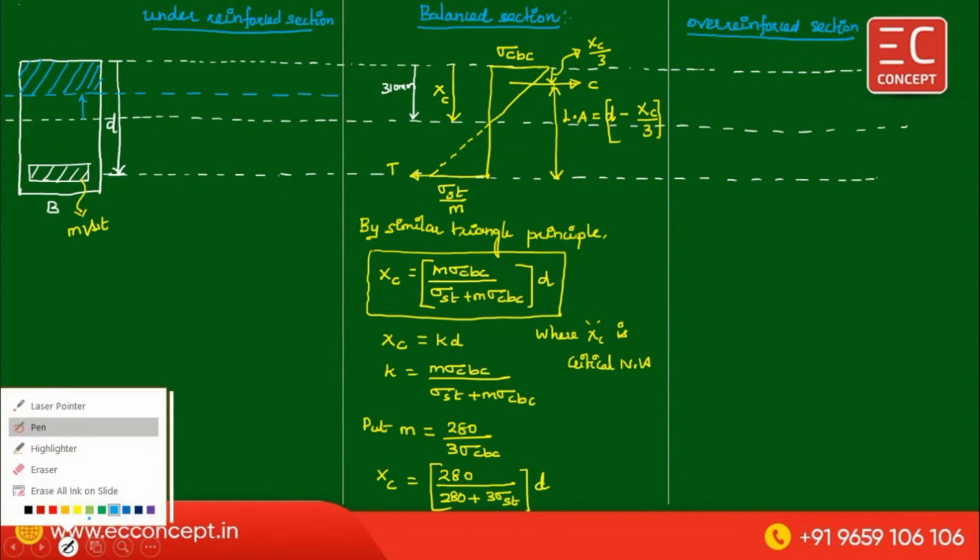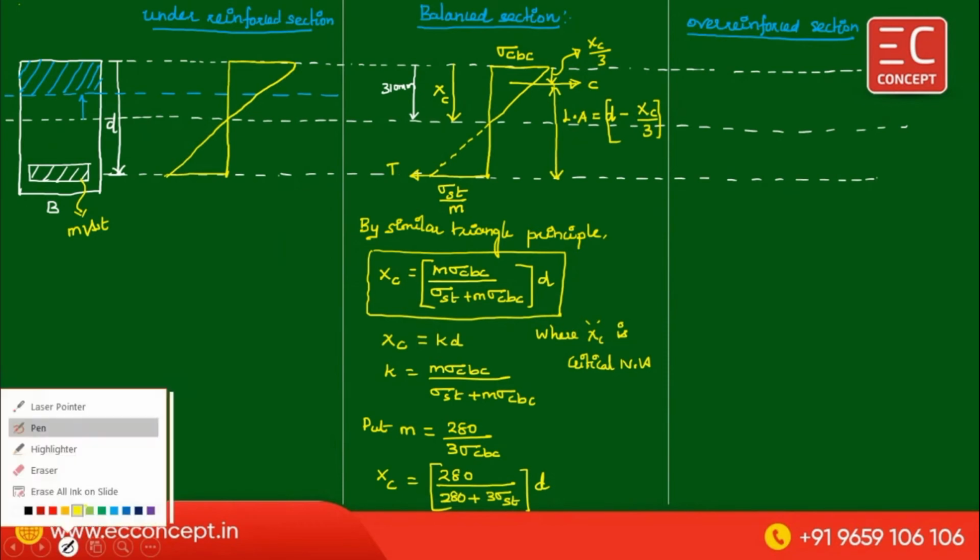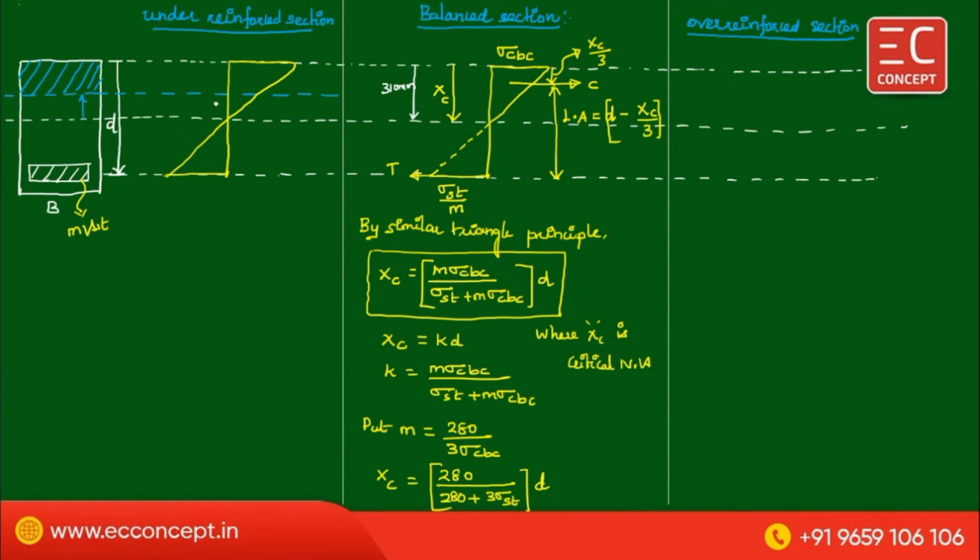Now in this case, let me draw the stress distribution diagram. This is the stress distribution diagram for the balanced section, for example. Now, because of reducing the steel area, your neutral axis shifts upward. This is the neutral axis. The concrete attains a stress less than the actual stress, but the steel attains its stress first.